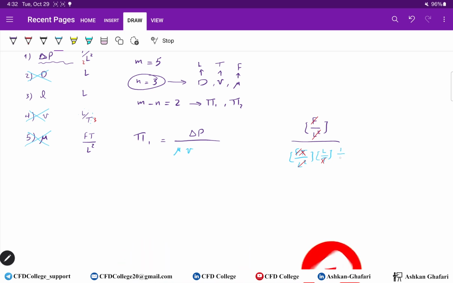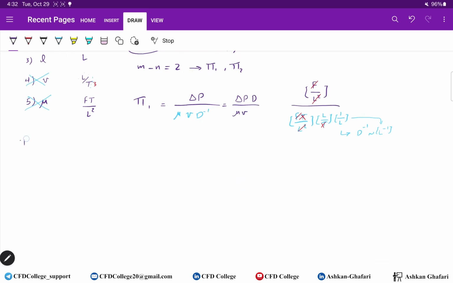If I put 1 over L, everything is cancelled, and it means D to the power minus 1. So pi 1 equals delta P D over mu V.